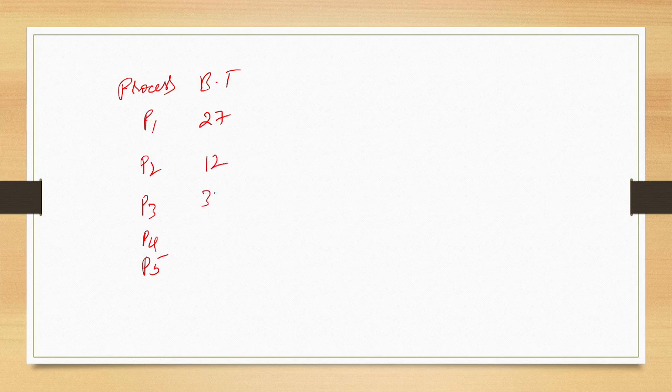Here there are processes P1, P2, P3, P4, P5 and burst times: P1 burst time is 27, then 12, 37, 19, 10, and arrival times are 0, 1, 2, 3, 4.